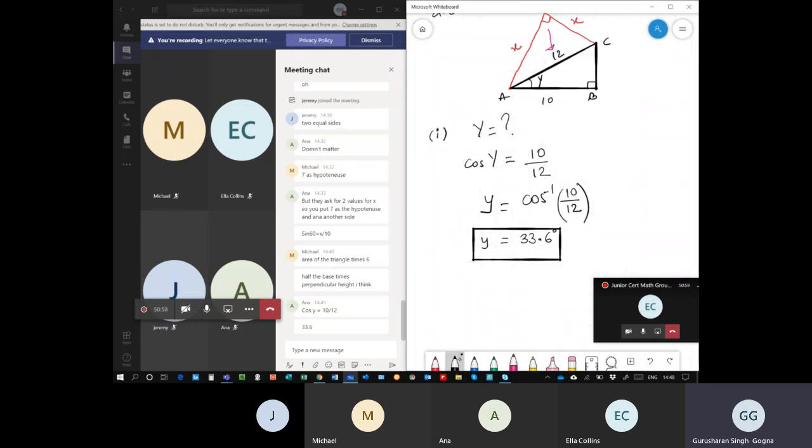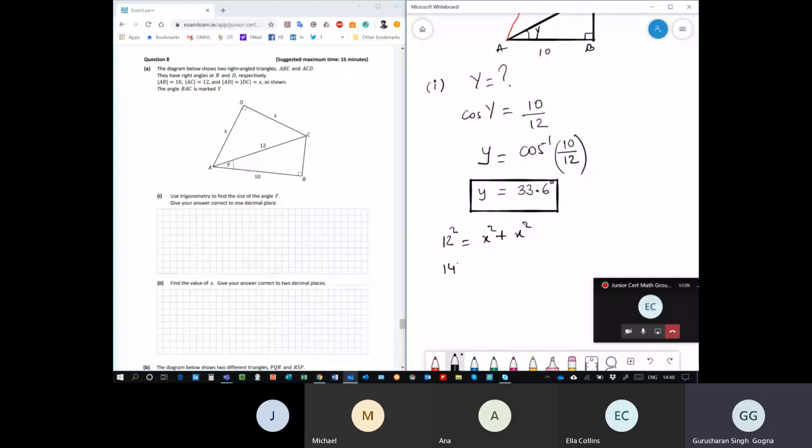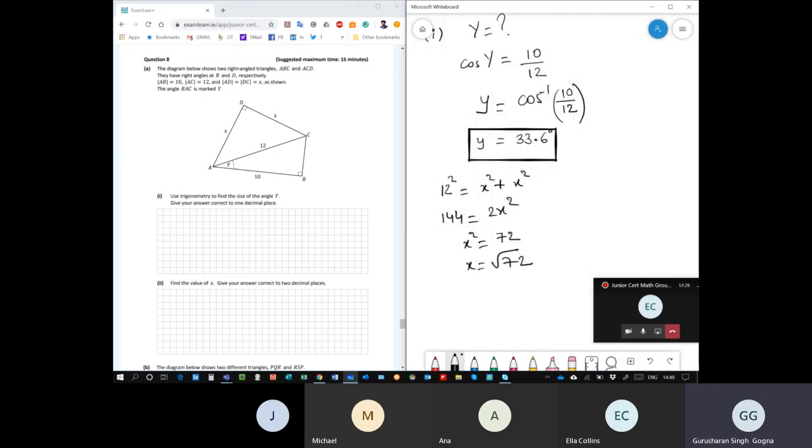So 12 squared equals x squared plus x squared, because the other two sides are x and x. Both are equal. This is 2x squared. So x squared equals 144 divided by 2, 72. So x is equal to square root of 72, but you need to convert into decimal form.